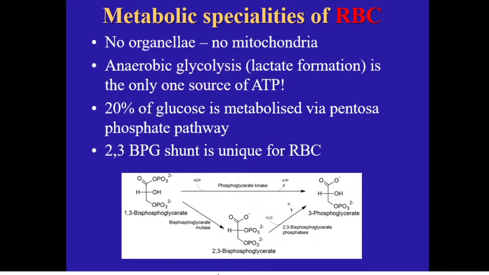But by the action of a specific enzyme, bisphosphoglycerate mutase, the special molecule 2,3-bisphosphoglycerate can be formed, and it's a very important regulator of the function of erythrocytes, as we will see later.